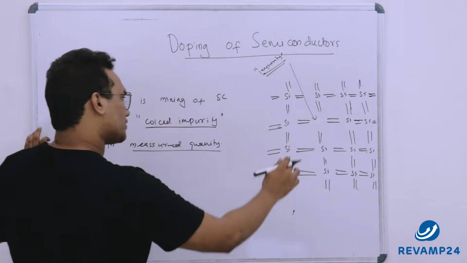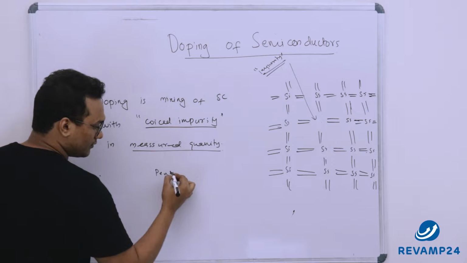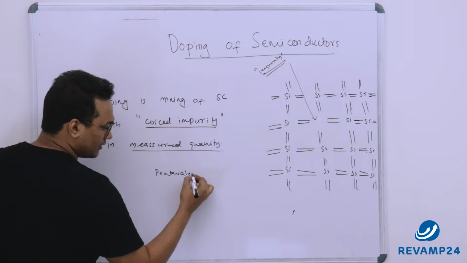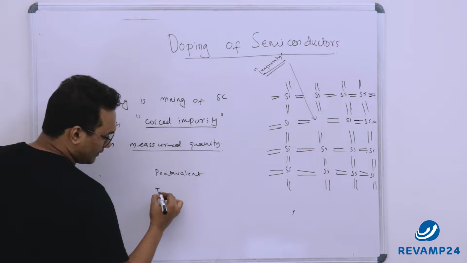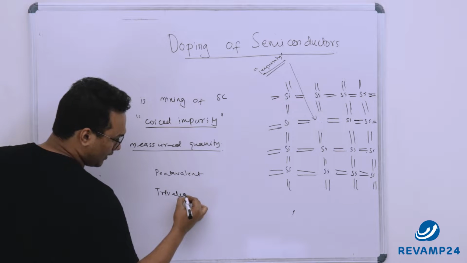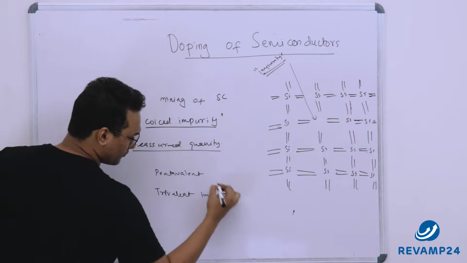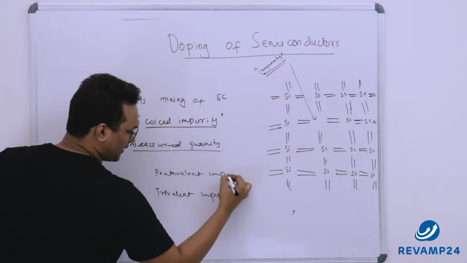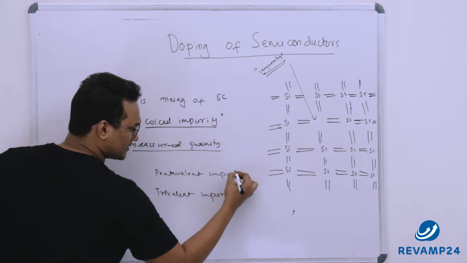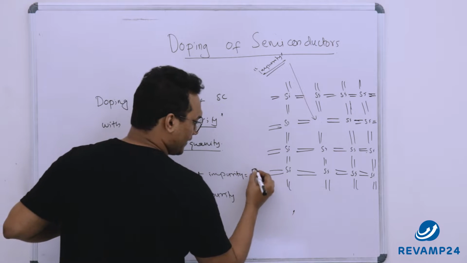So, here I am going to choose two types of impurity. One is pentavalent impurity, and the next one is trivalent impurity. What is a pentavalent impurity? As the name suggests, it has valency 5.